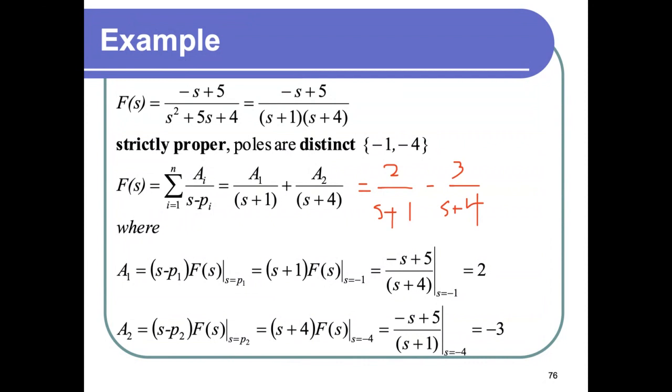Yes, Faisal. Doctor, the value of s, should we always take it negative or in the opposite way? So you look at the pole of the system. If I have a denominator of s plus 1, then what makes that 0? It's minus 1, right?